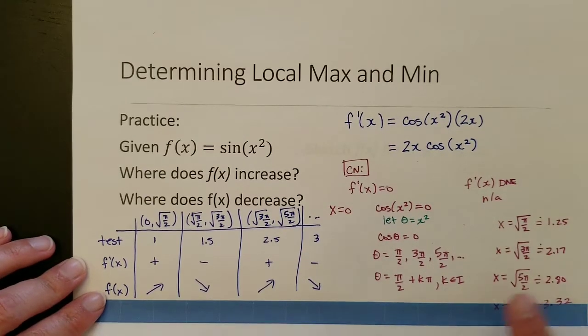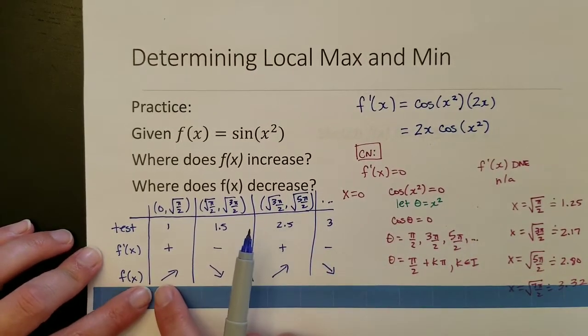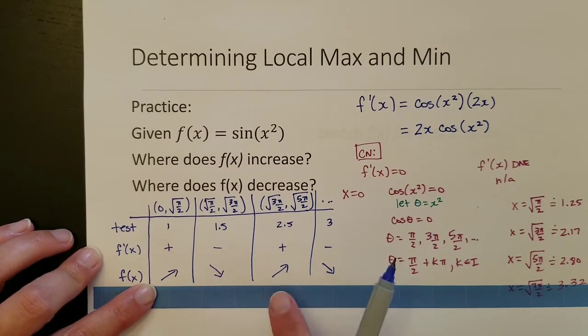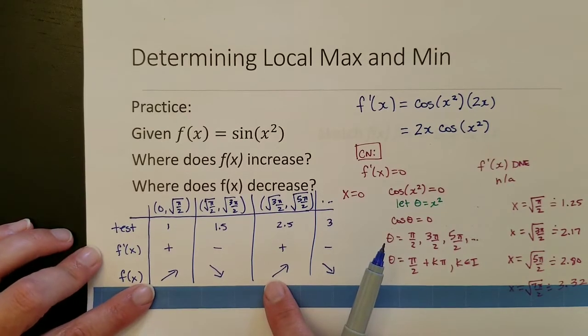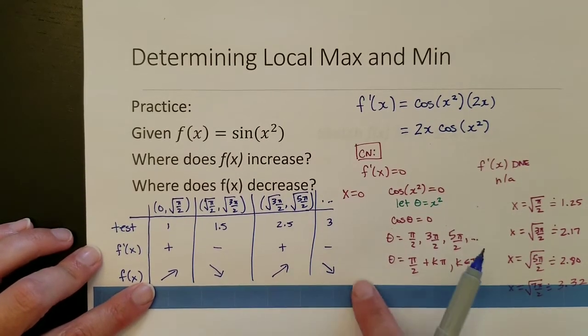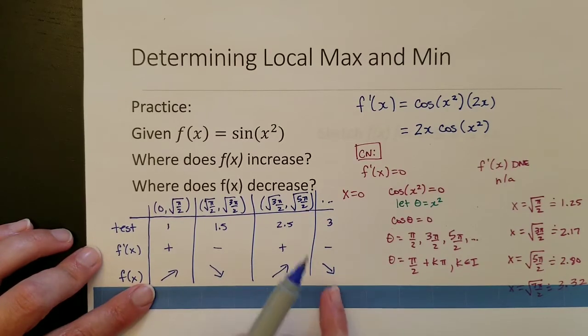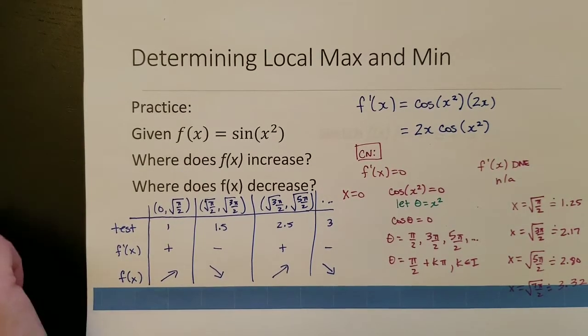So this can tell us that it's increasing from 0 to root pi over 2, from root 3 pi over 2 to root 5 pi over 2, and we would be able to see a pattern there with these square root functions of where it's increasing and decreasing. We would be able to get these maximum and minimum points as well.